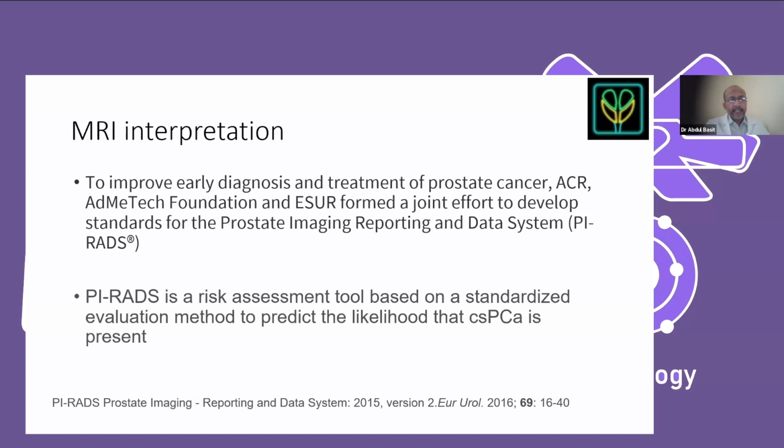So MR interpretation is made slightly structured and easy by the Prostate Cancer Steering Committee, which includes the American College of Radiology, the European Society for Uroradiology, and the AdMeTech Foundation.